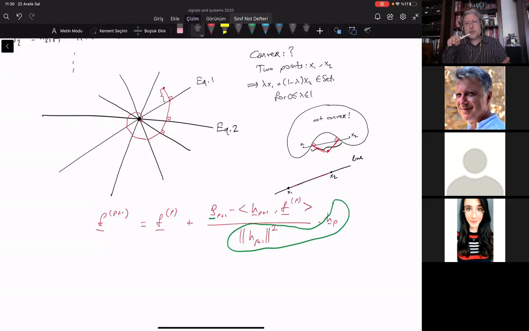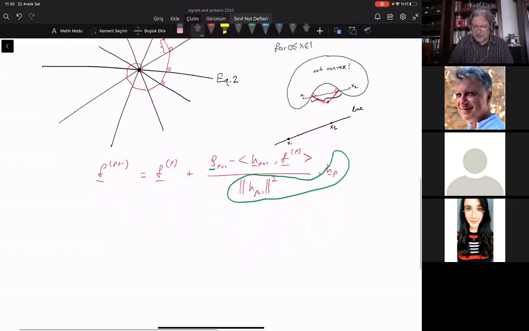But computer tomography is not the only thing that you can do using POCS. POCS is also a very popular method, and it's your only hope for some problems where you can do nothing more. You only have the constraints.